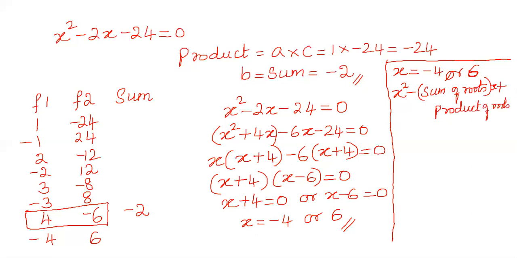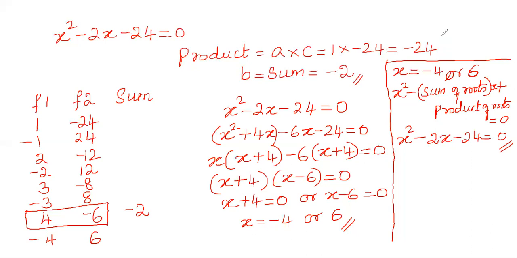Don't forget to multiply by x. This is the formula. What is the sum of the roots? Negative 4 plus 6, so it's 2x. Plus the product of the roots, negative 4 times 6, is negative 24, equal to 0. You can see the equation on the top. It's the same equation. So when the equation is given, you can find the roots, and when the roots are given, you can find the equation.